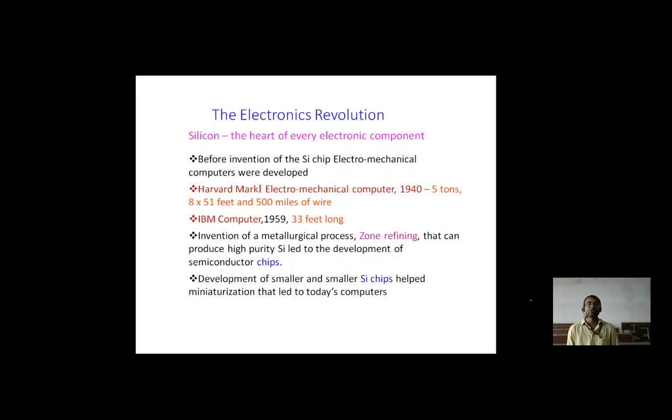The invention of a metallurgical process, zone refining, which can produce high purity silicon, led to the development of semiconductor chips. Refining of that material led to smaller and smaller silicon chips, and miniaturization led to today's computers.